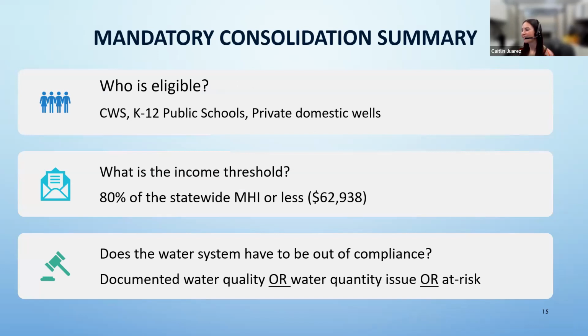So the state board has the authority to order or force consolidation under certain conditions. And there have been several bills that have been passed over the years that have really evolved this authority. Senate Bill 88 was the first bill that was passed back in 2015.